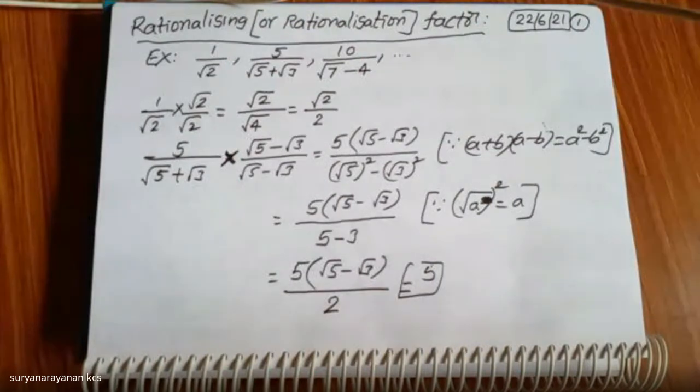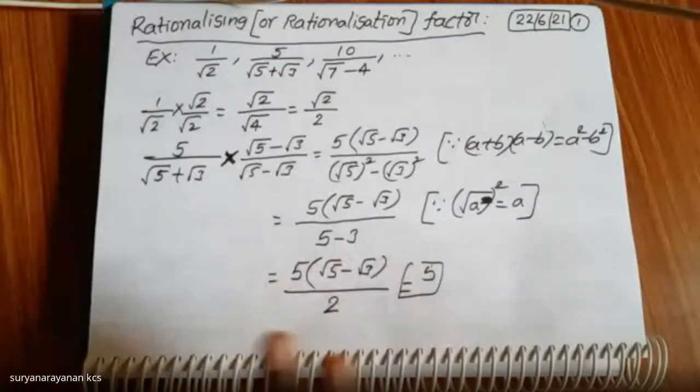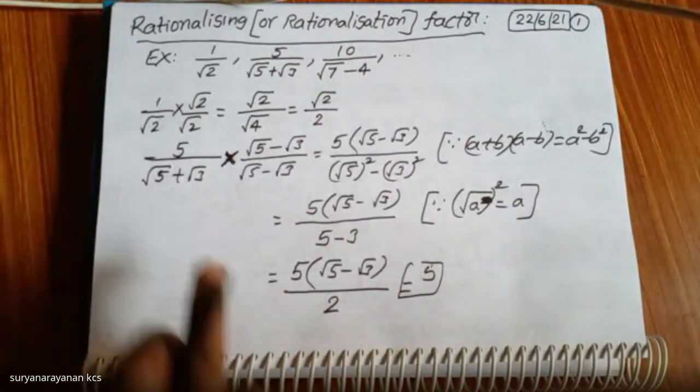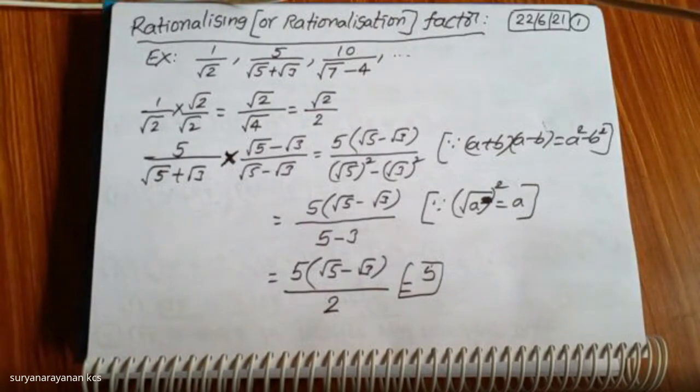Sir, but the numerator has changed to an irrational number, no, sir? Okay, it is not a problem. Our main aim, our main intention, is making the denominator a rational number. That's all.